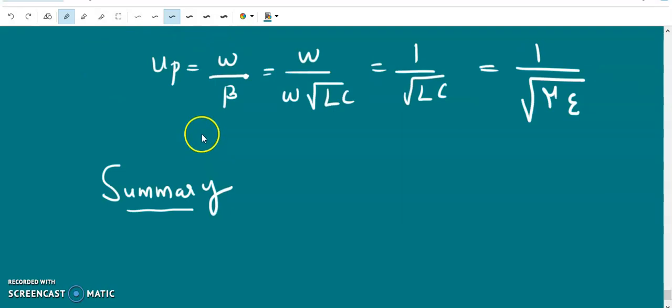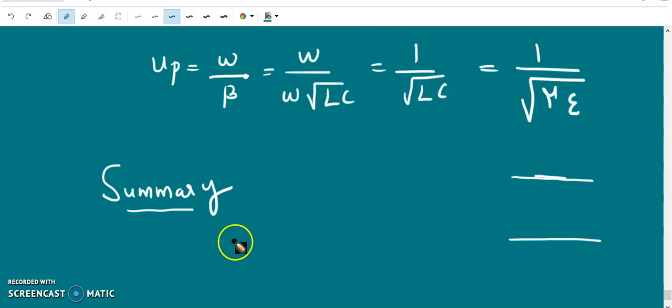Summarizing. First of all, we have written the Helmholtz equation, and then we have written the expression for the fields. Then we have applied the boundary conditions to find the surface current and surface charge densities of the medium.